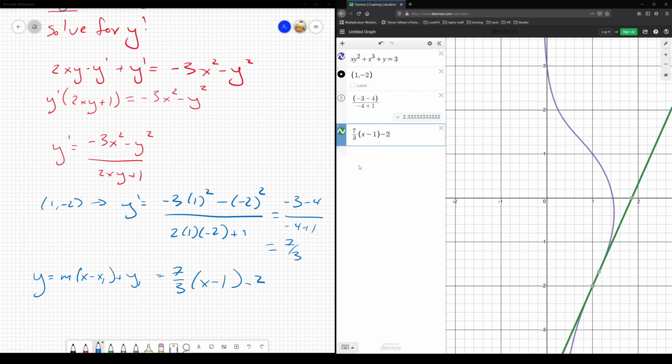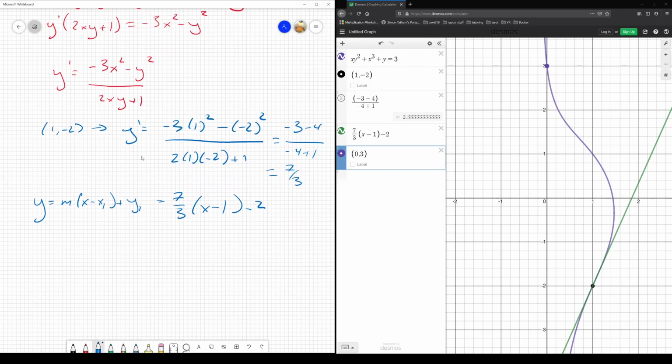And similarly, if I used the point 0, 3 to do the same thing, now at this point, you get y prime is negative 3 times 0 squared minus 3 squared over 2 times 0 times 3 plus 1.